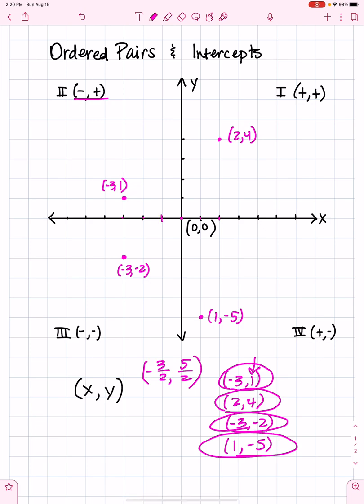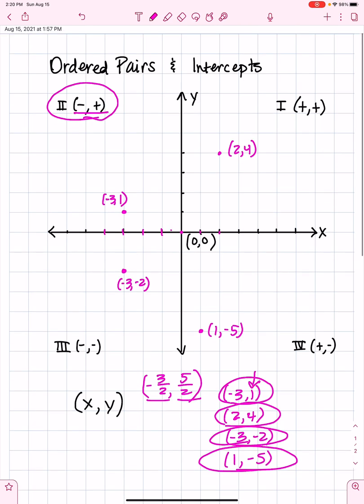If I told you that each of these is 1, and I've got -3/2, well, I know from the origin I'm moving to the left and up because it's negative, positive, so that puts me in quadrant 2. -3/2. I'm just going to count halves instead of whole. So there's 1/2, 2/2, 3/2, and then I'm going to go up 5/2. So that's going to be 1/2, 2/2, 3/2, 4/2, 5/2. So that ordered pair would be right there.